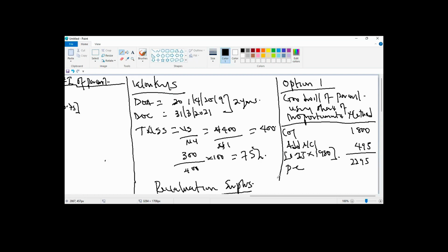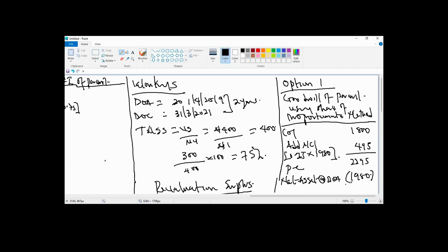I will now list the net assets. Net assets at the date of acquisition, which is 1980, to get my goodwill. Minus 1980.